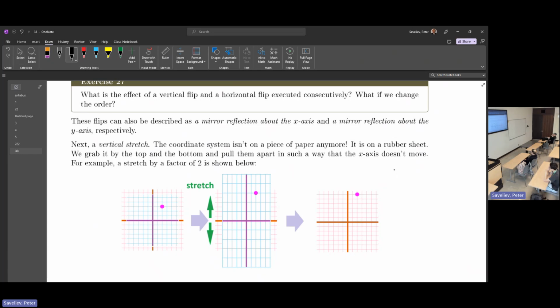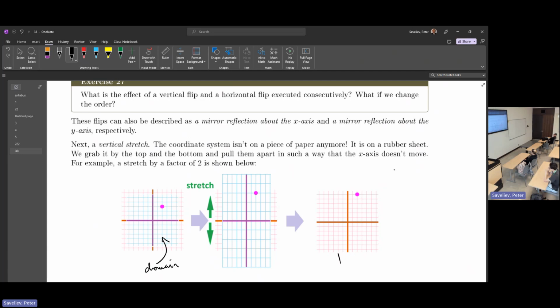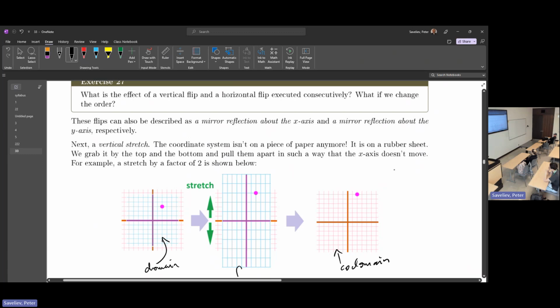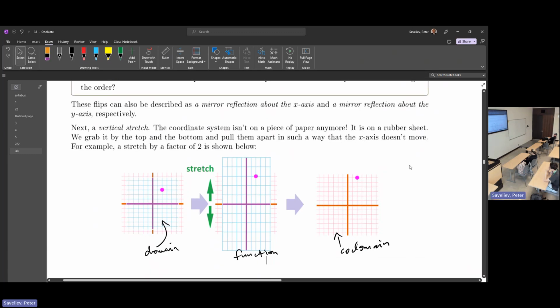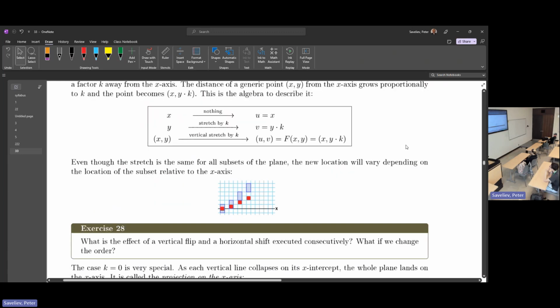Okay, so once again, this is the domain, the blue one, and this is the codomain. And this is the function. So once again, a function is not anymore just numbers, but in this case too. Okay, so this is the algebra, the stretch.